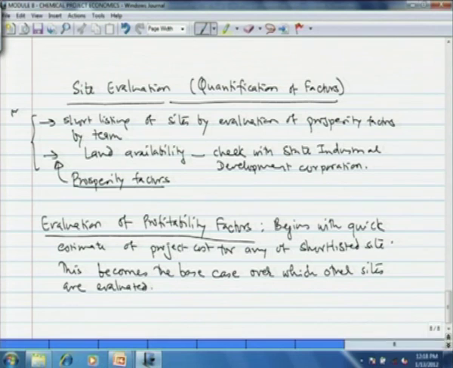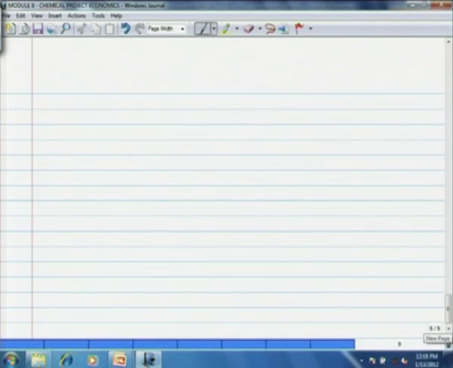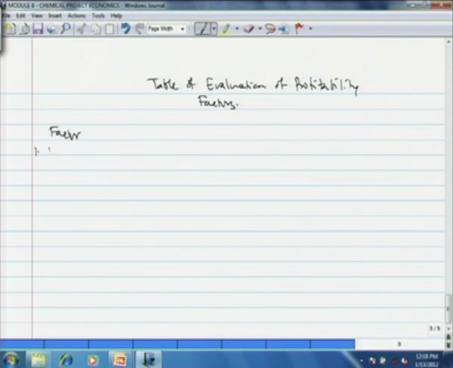So, what we do essentially is prepare a table, we list the profitability factor and the project site. The first factor is land.